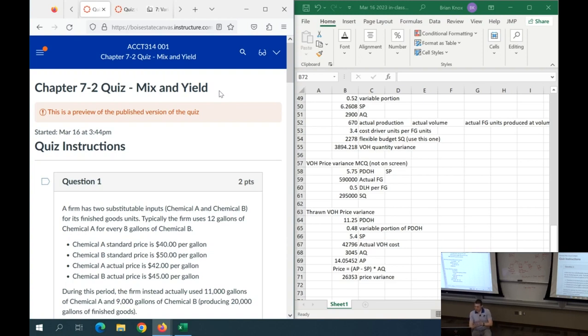Okay, mix and yield are a way of dealing with quantity variances when we have substitutable inputs. Basically, the idea is we're going to separate out a mix variance to deal with the fact that we have substitutable inputs. And then the yield variance is going to stand in as more the traditional understanding of a quantity variance, what's left over.